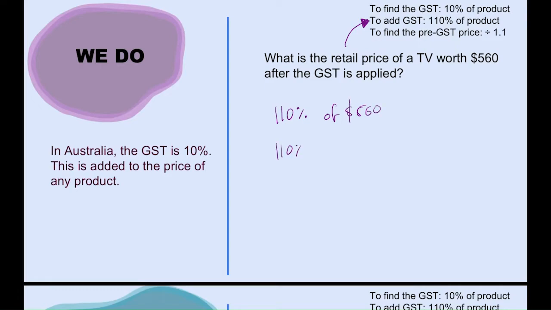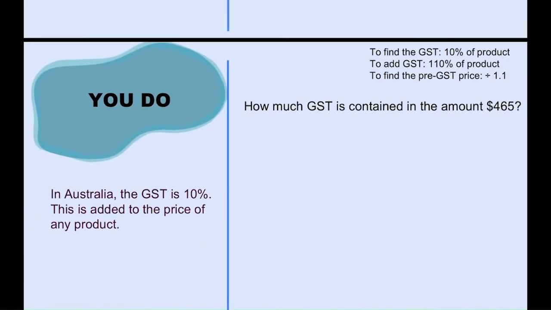Remember, when we're finding 110% of something, we're changing the "of" to a times. And we put this one in our calculator. 110% times 560, and we get $616. That's how much you'd have to pay for the TV if you bought it from the store. You can pause here if you need to finish copying that down. I'm going to jump onto the next one.